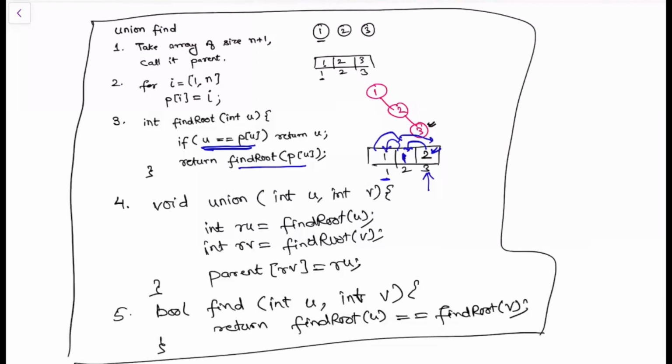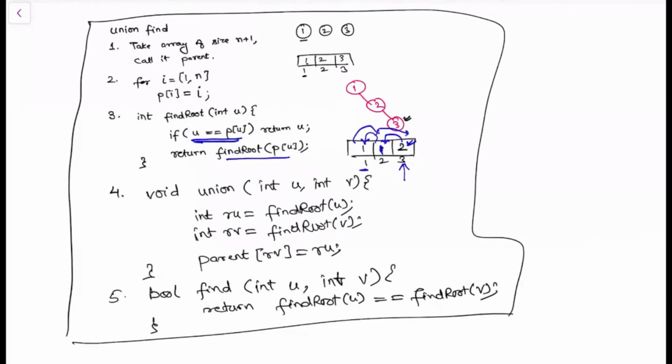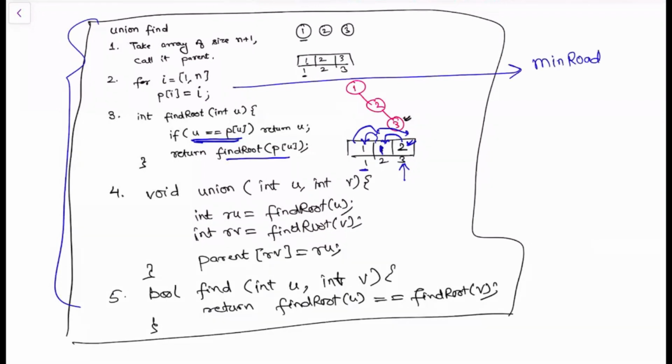Okay. Now the final thing that we have to do is, along with this information of connecting, how do we also remember what is the minimum road for any component? That is where I was saying we will take this idea along with the parent array. We will take one more array called minimum road weight.